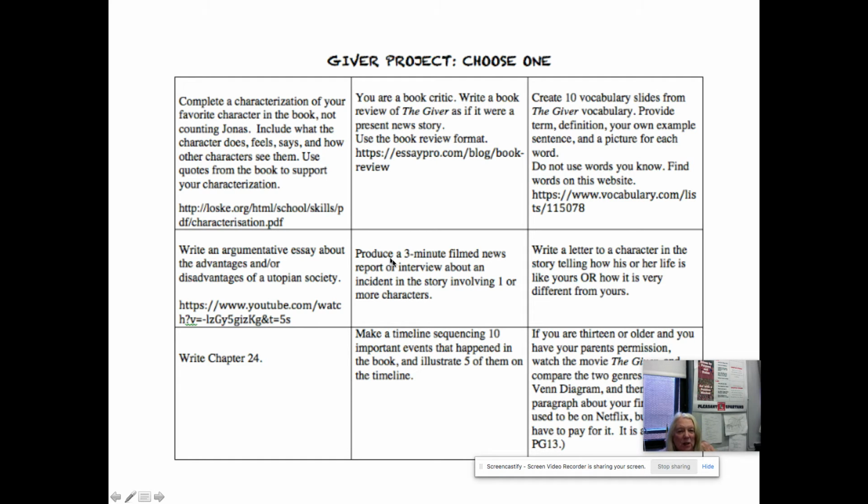Okay, you can go to producing a 3-minute film news report or interview about an incident in the story involving one or more characters. For instance, at the ceremony of 12, we have just noticed that Jonas, number 19, has been skipped.